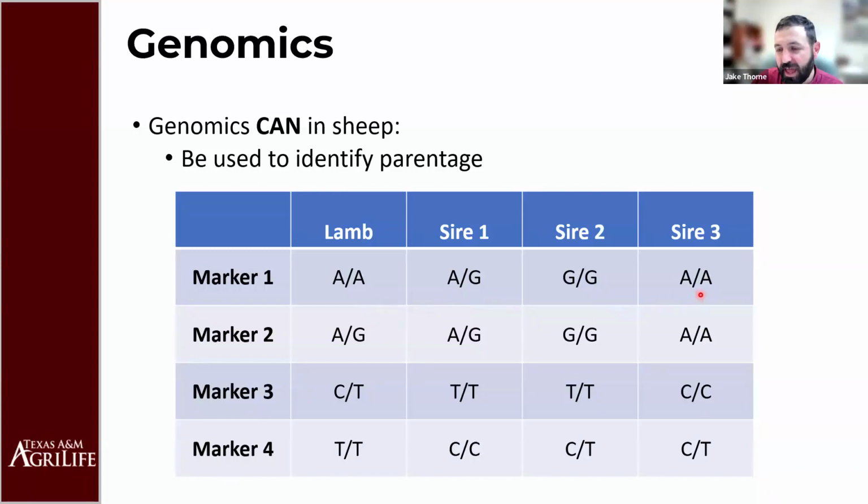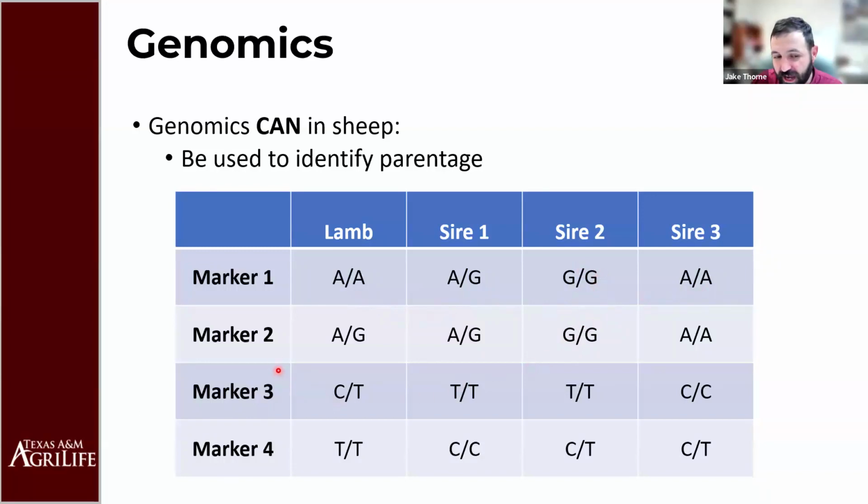Sire 3 is AA at that location, so he too is still in the running. But sire 2 is a GG at that location, so he had to have passed on a G to his offspring. The lamb does not have a G, he's AA, so sire 2 is out of the running to be the actual sire.